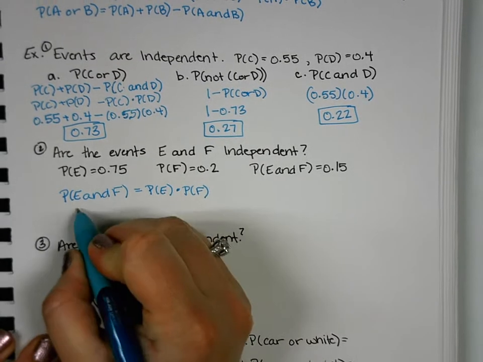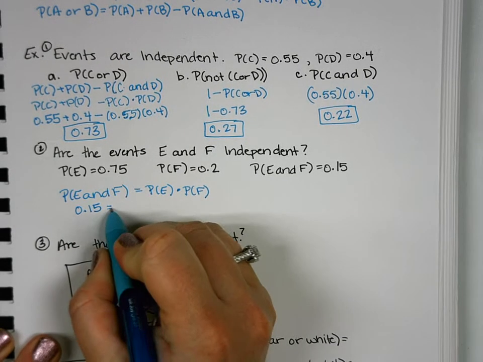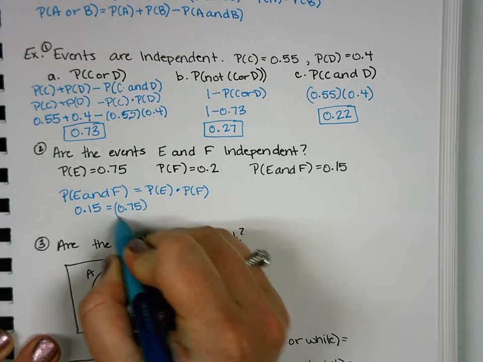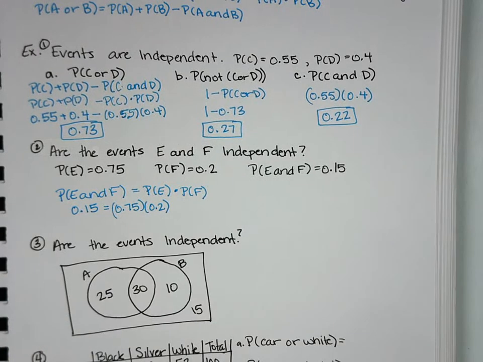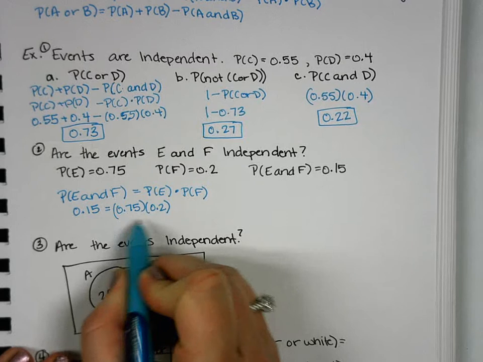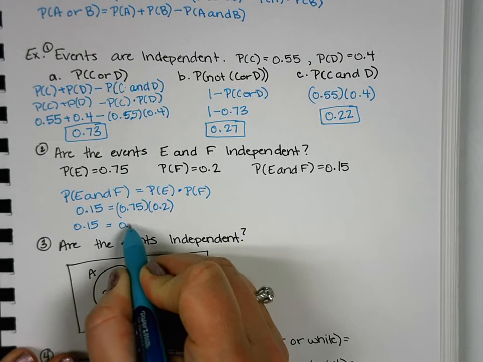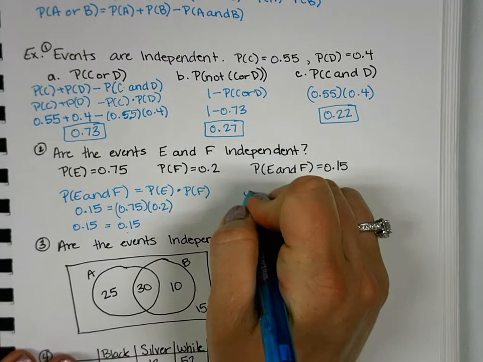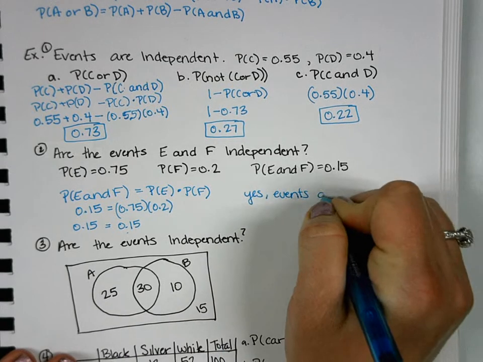If we plug in 0.15 for E and F, and here we'll plug in 0.75 times 0.2, what do we get when we multiply these together? We get 0.15. Do these equal each other? So we can say yes, events are independent.